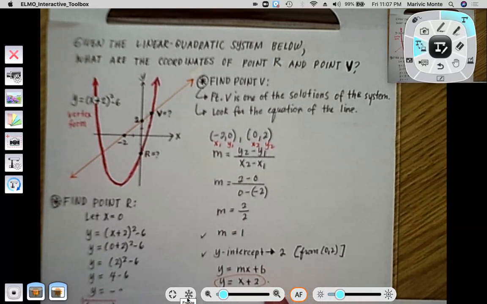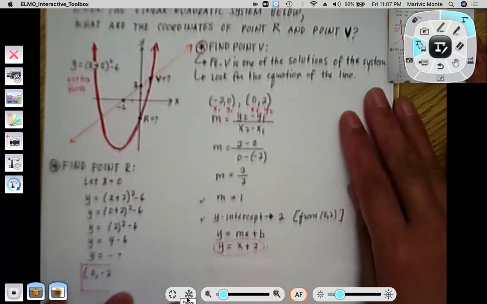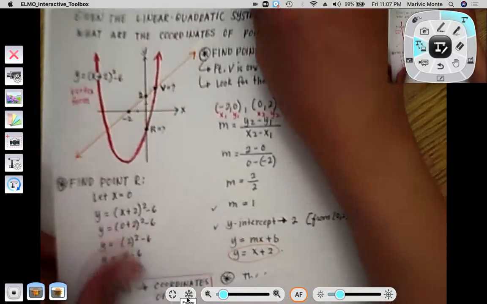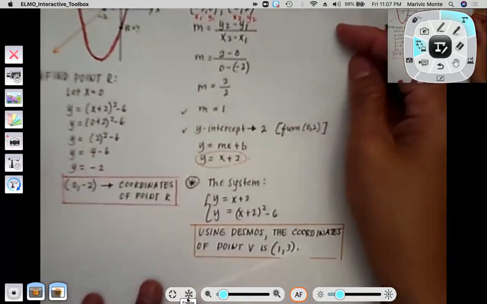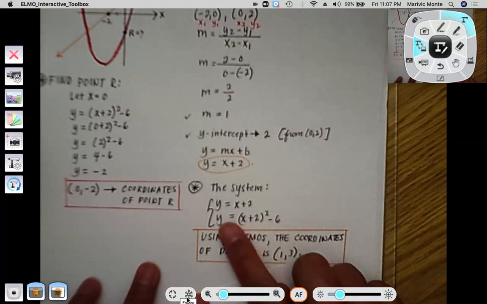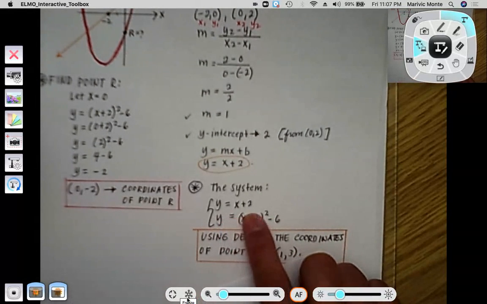And we therefore got our equation of the line as y equals x plus 2. We now have the system composed of y equals x plus 2 as the equation of our line.